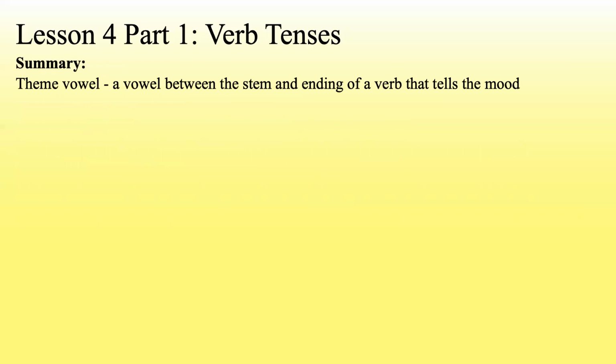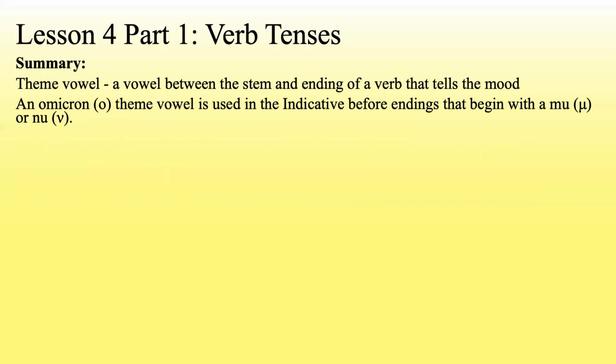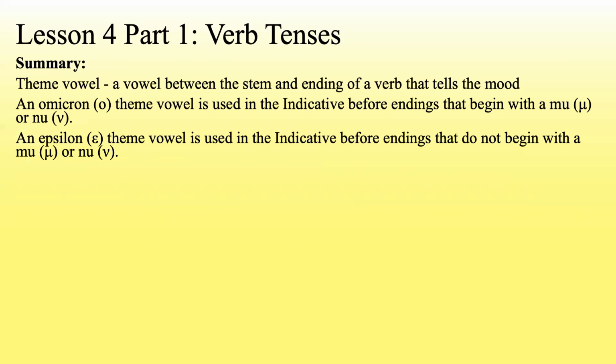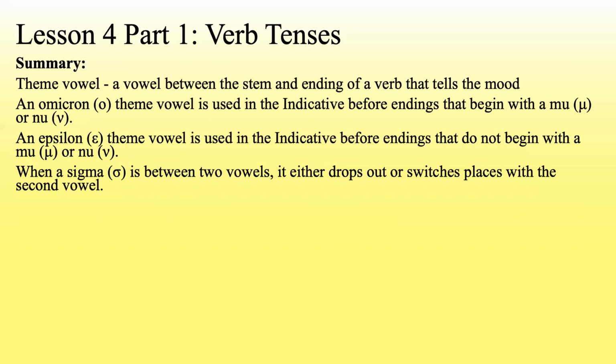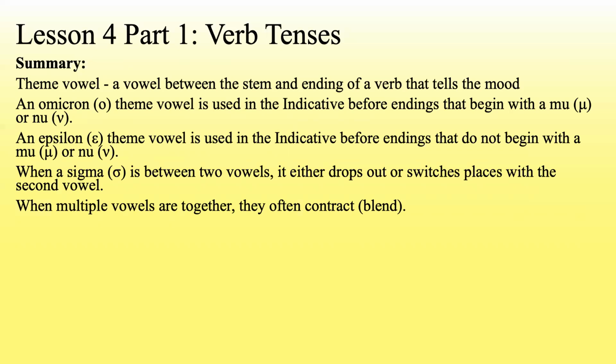Summary. Theme vowel is a vowel between the stem and ending of a verb that tells the mood. An omicron theme vowel is used in the indicative before endings that begin with mu or nu. An epsilon theme vowel is used in the indicative before endings that do not begin with a mu or nu. When a sigma is between two vowels, it drops out or switches places with the second vowel.